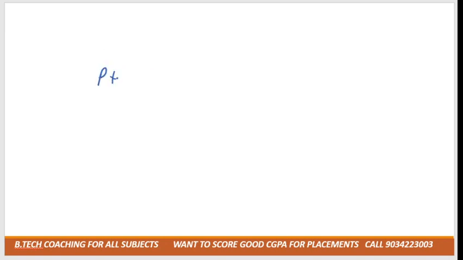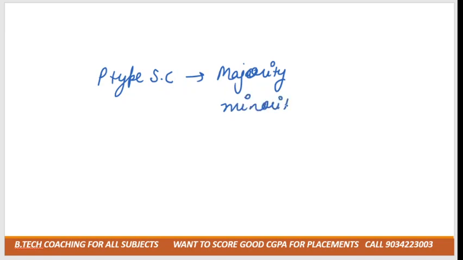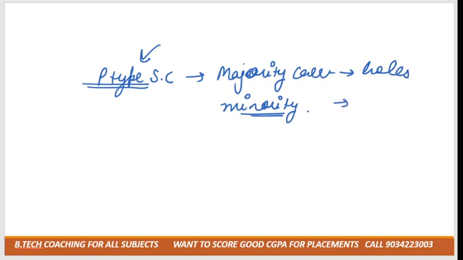So if we have a p-type semiconductor, we have two things: majority carriers and minority carriers. As its name suggests, p-type means more holes are there. So the majority carriers are holes, and the minority carriers, which are fewer in number, are electrons.